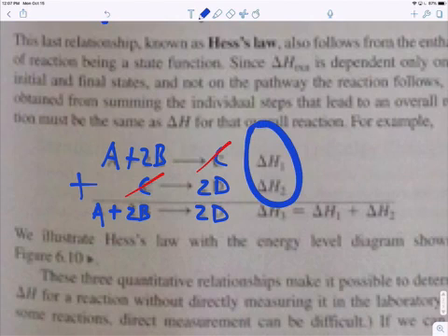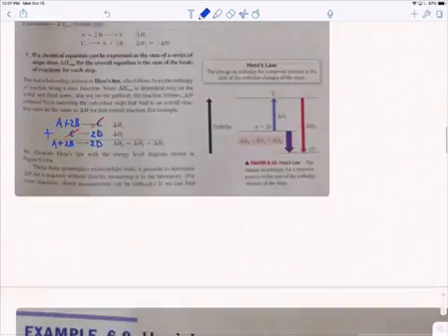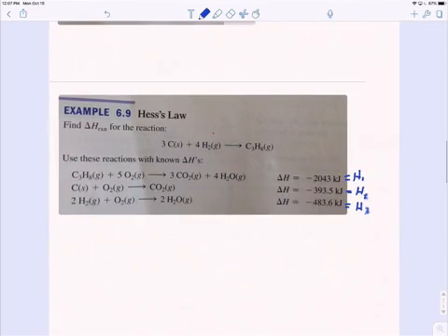You can add them together and get the overall reaction, the overall heat of that reaction. That's known as Hess's law. And I will show you how to do this in an example. But does anyone have any questions at this point in time?